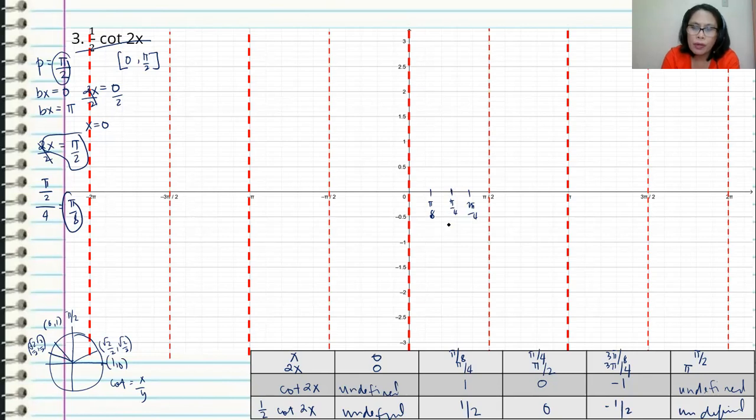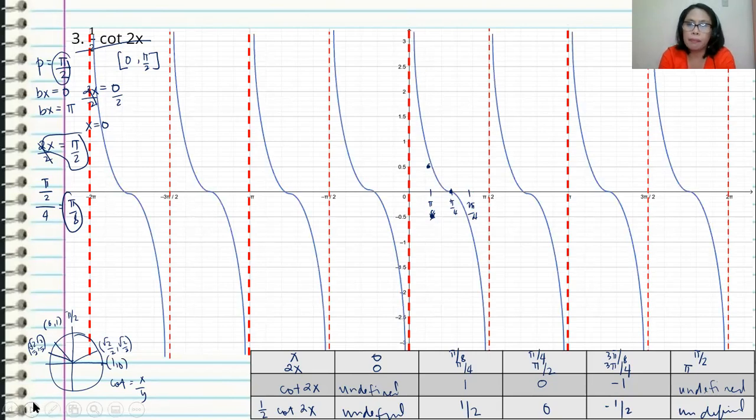And then 3 pi over 8, we have negative 1 half. Rather, for pi over 8, we have 1 half. So it has to be here instead of here. And then pi over 4, 0. And then we have 3 pi over 4, negative 1 half. So it must be here. So plotting the points and connecting them into a curve will come up with this graph.